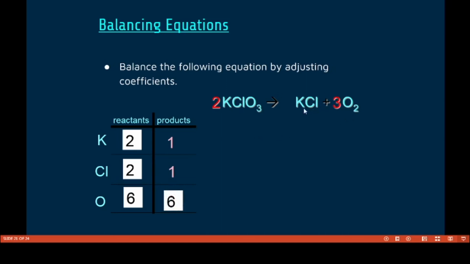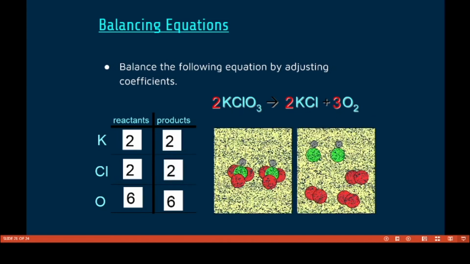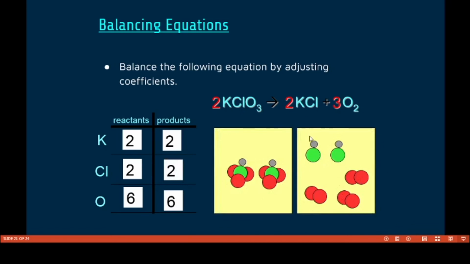But here only 1 potassium, 1 chlorine, so you have to add 2 here, and then this equation will be balanced. So 2 potassium, 2 chlorine: 2 KCl, and this one oxygen.